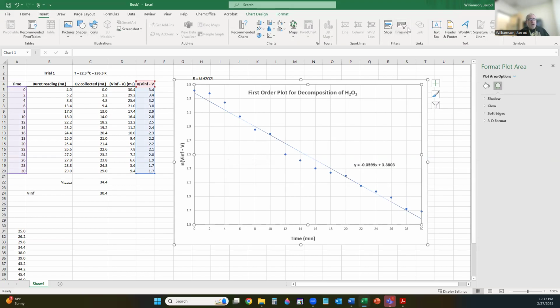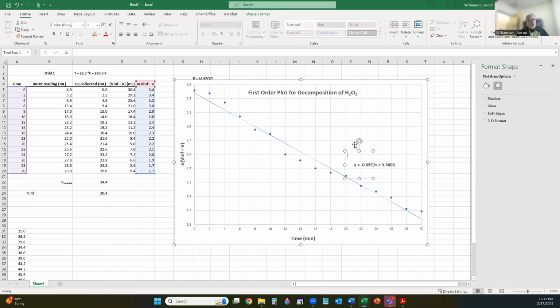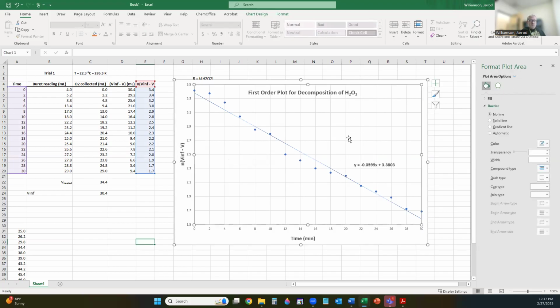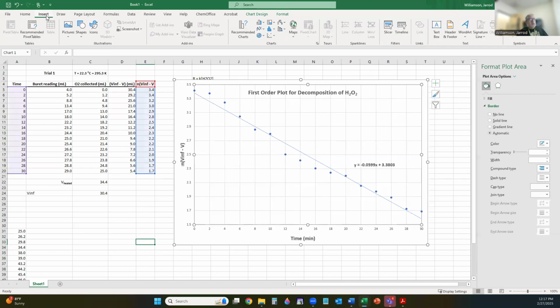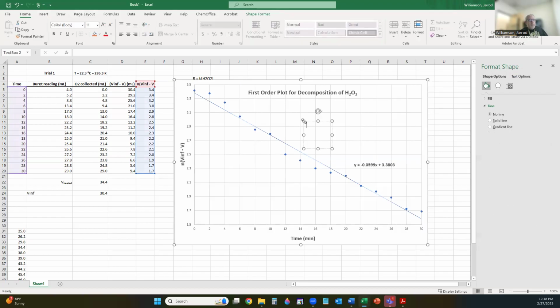Let's see here, text box. I'm going to go, oop, that's too big. I'll fix that later. Come on, what's going on? Insert text box. I'll put it here.